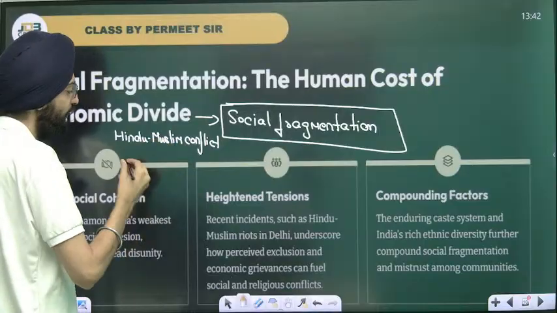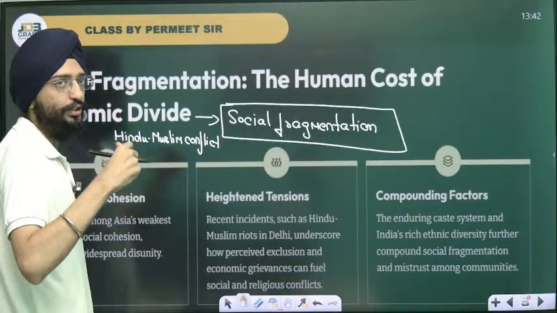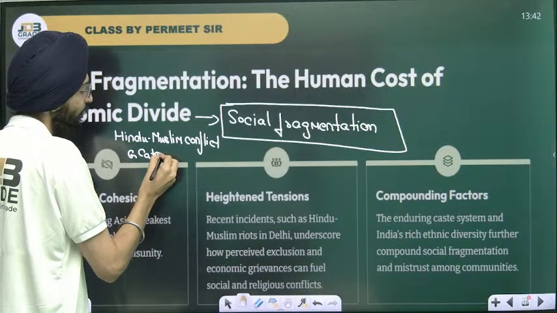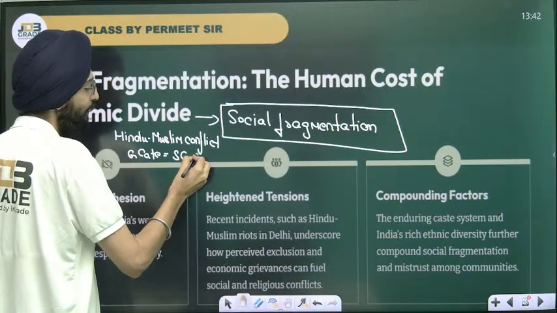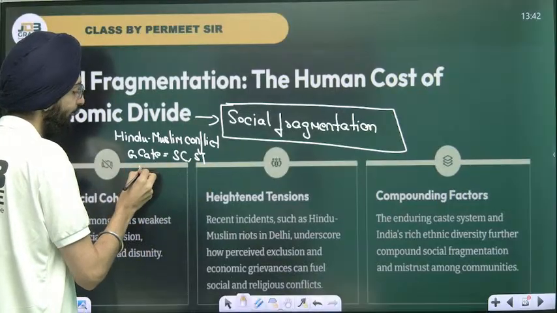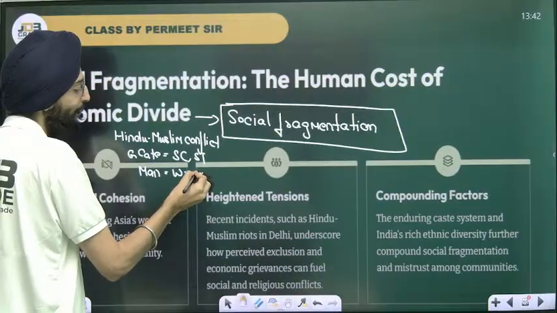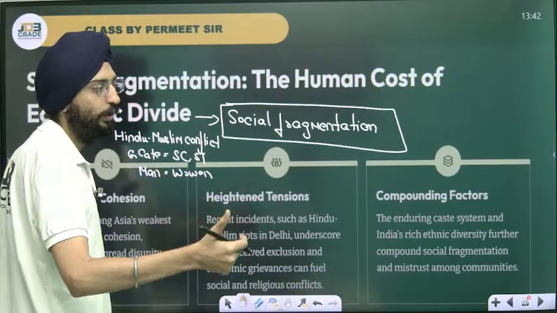There has been a conflict between the general category and scheduled castes and scheduled tribes. There has been conflict of man and woman, feminists and those who are propagating what we call men's rights.